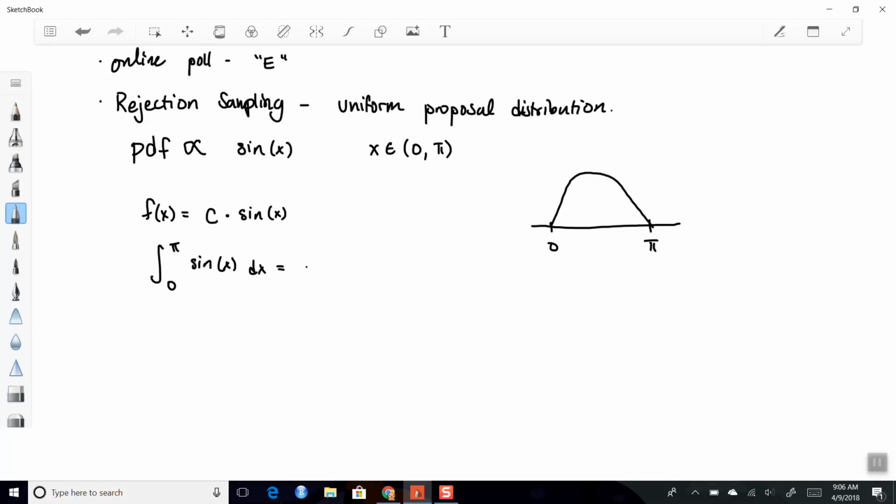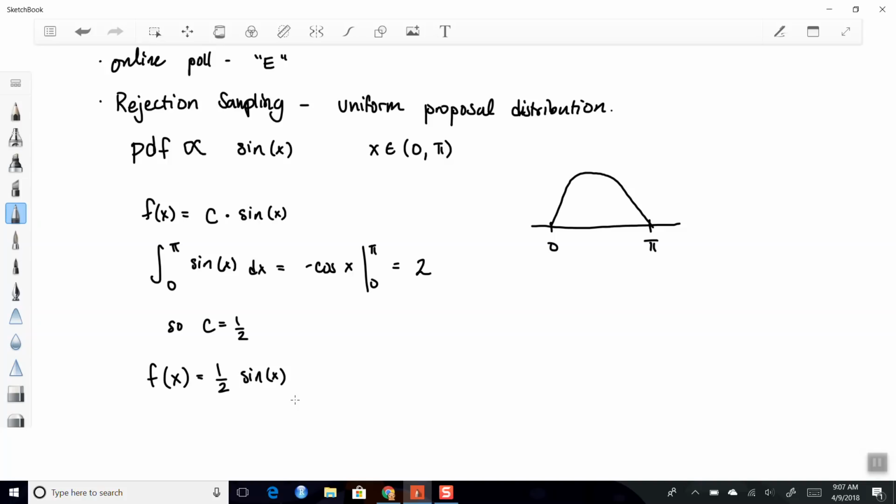This gives me negative cosine of x evaluated from 0 to pi, which gives me 2. So the constant that I need is 1/2. So c equals 1/2, and my PDF f of x is equal to 1/2 sine of x. Okay, so far so good?